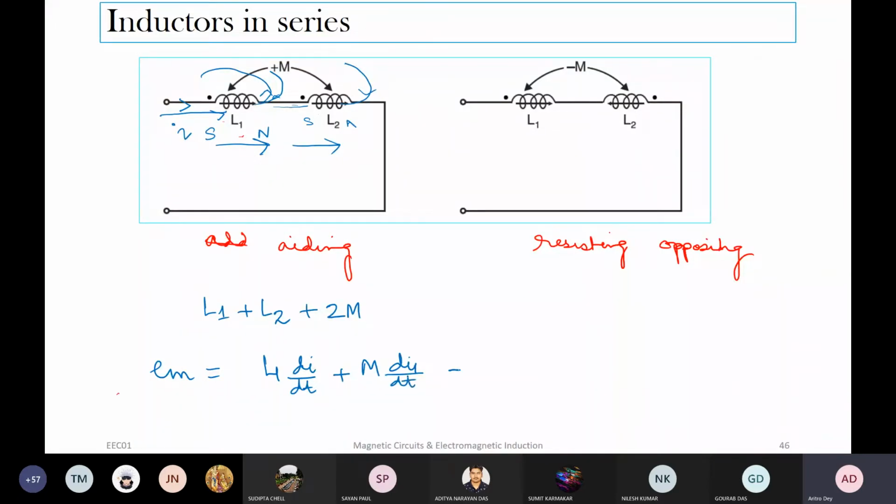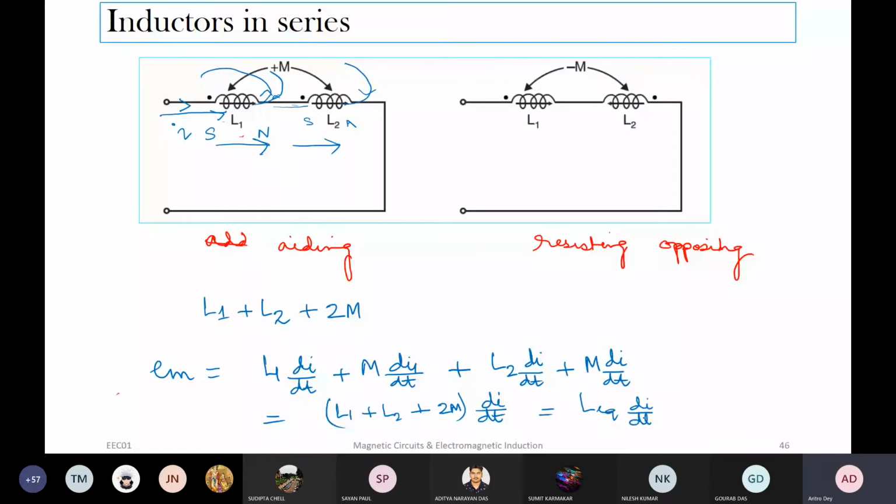And the same way for the second coil, L2 into di by dt plus M into di by dt, because it is aiding. So we can write it as L1 plus L2 plus 2M into di by dt, which is your L equivalent di by dt.